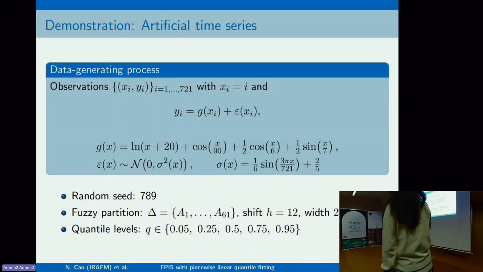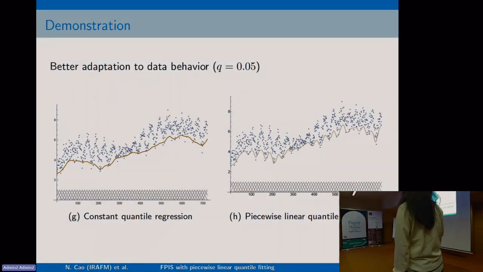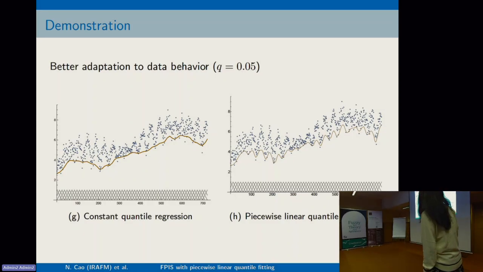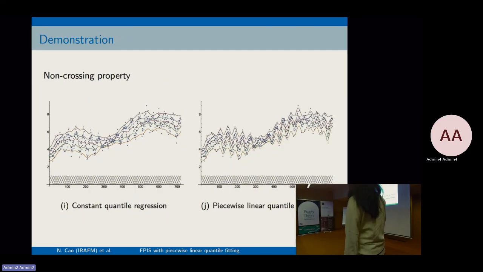Now here is the illustration of the quantile regression after we correct it. Here is the constant behavior of the quantile regression, and when we apply the piecewise linear, it respects more the change of the data, because within a single fuzzy set it already respects the behavior of the data. And it is non-crossing because we fixed it.